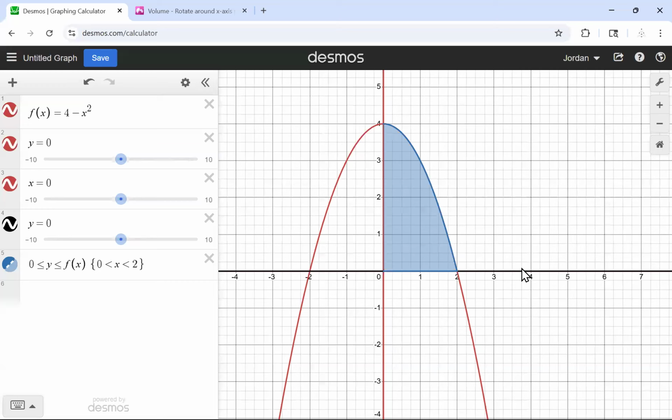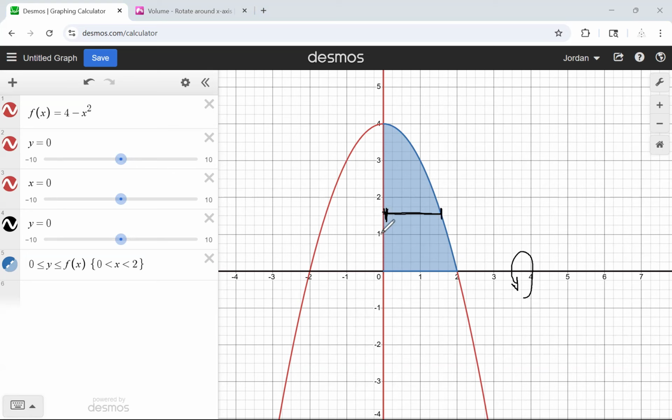If I rotate around the x-axis and I'm using the shell method, then my rectangles need to be parallel to the x-axis. So the rectangles I'm using are going to do this. The height of that rectangle is going to go from the curve down to the bottom of this region, which is x equals 0.